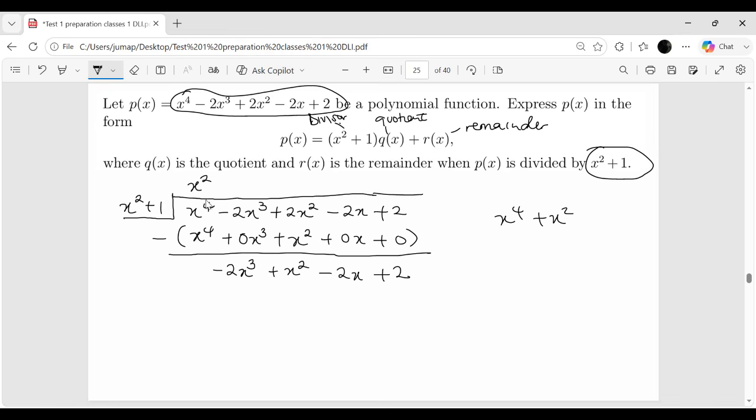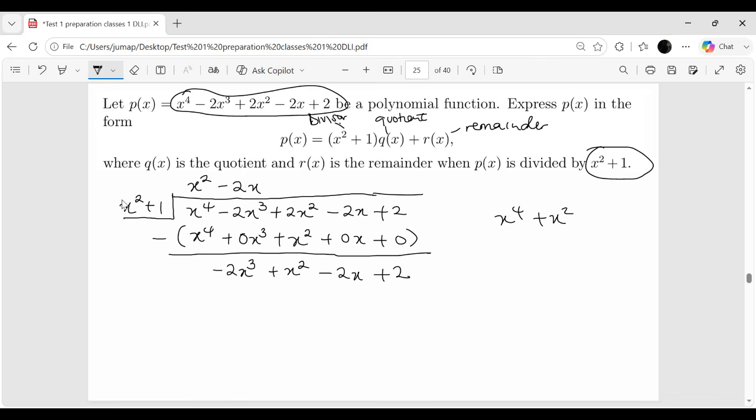Okay, so now I'll say x squared into negative 2x to the power 3, meaning that I'm going to have negative 2x. Okay, so are we together up to this point? Yes, sir. Okay, so after we write negative 2x, the negative 2x is going to multiply with everything that is here.